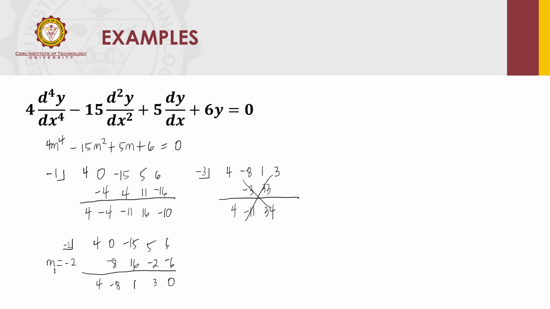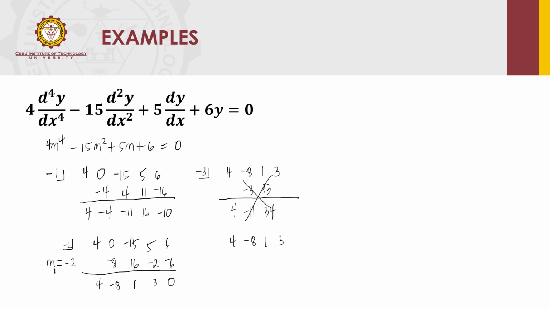If you continue, we haven't tried positive 1 yet. So maybe 1 is also a factor. So it's 4, negative 8, 1, and 3.